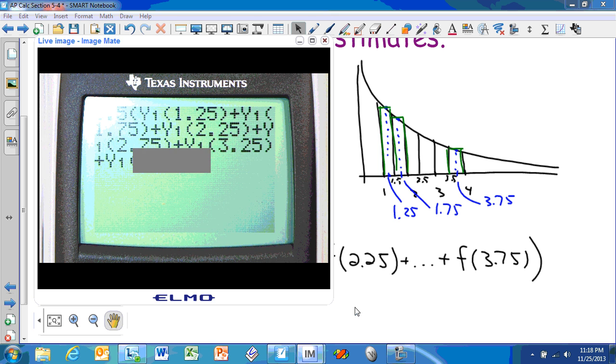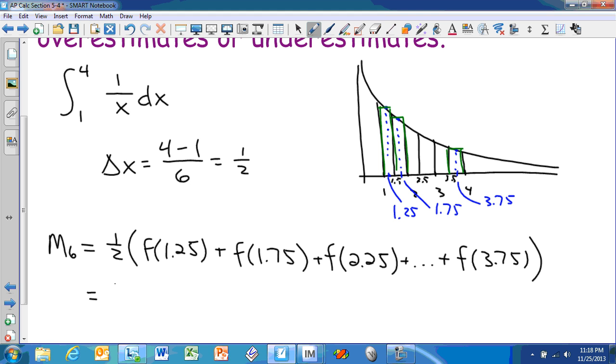Just make sure you got that typed in correctly. So it's the delta x times the sum of those 6 y values. That looks like we got it typed in correctly, so let's let it crunch that value for us, and it looks like it gets a value of 1.377, if we round that to three decimal places.